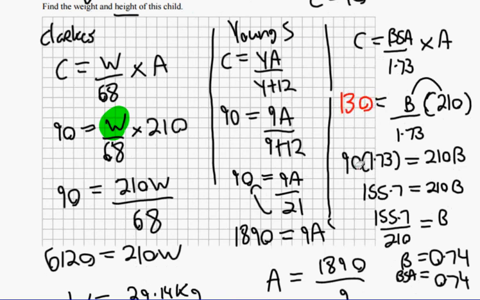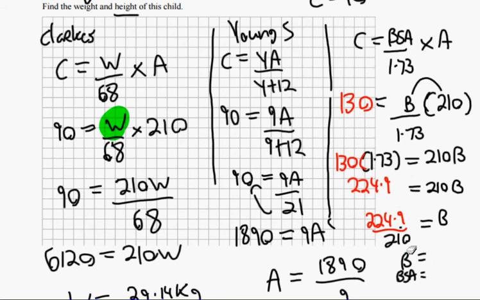The C value is actually 130. That's where I got wrong. I actually had it right in the notes, but I got it wrong here. So I changed 155.7, changes to what? It's going to be 130 by 1.73, which is 224.9. So that 155.7 changes to 224.9.